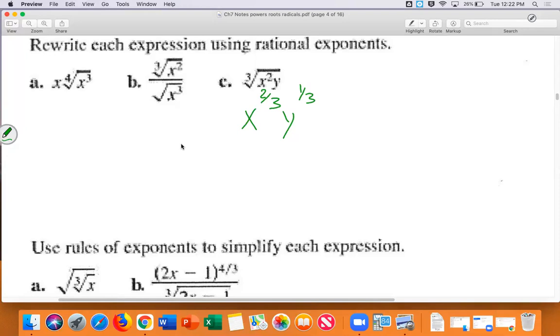But how did what I wrote at the beginning, the x squared y to the 1/3, become this? How are these two the same? Well, if I do 1/3 times 2, that's 2/3, and 1/3 times 1, that's 1/3. All right. See how I convert between them?